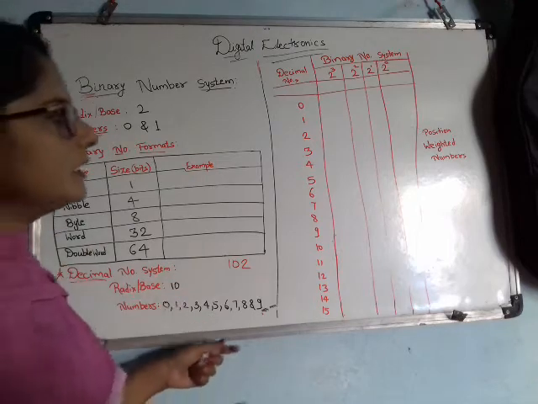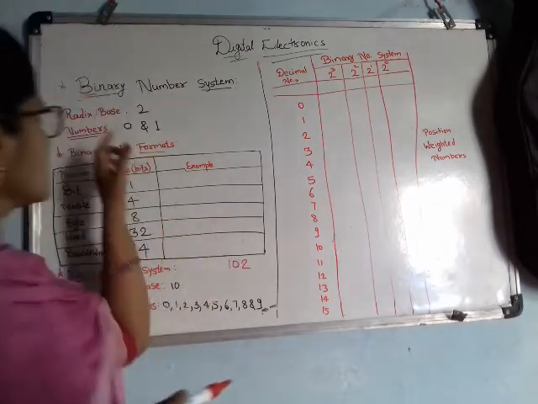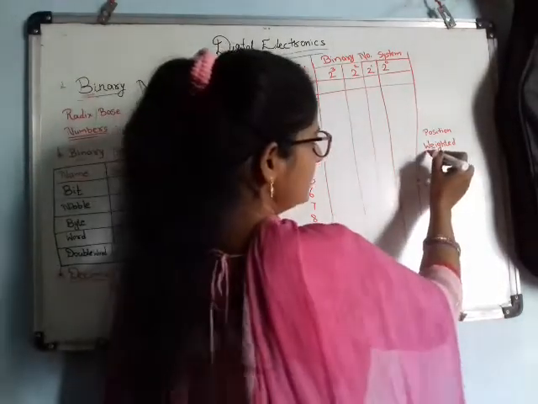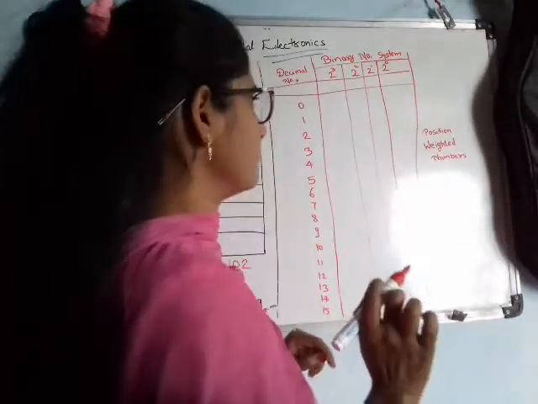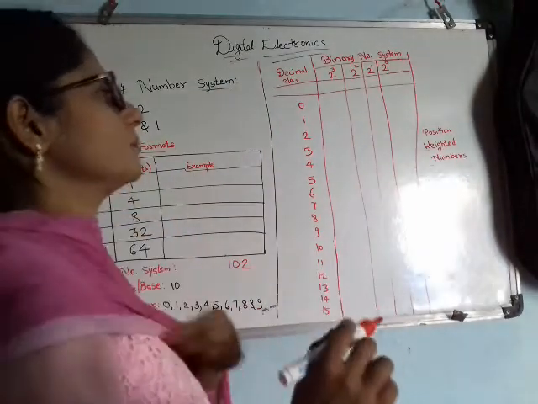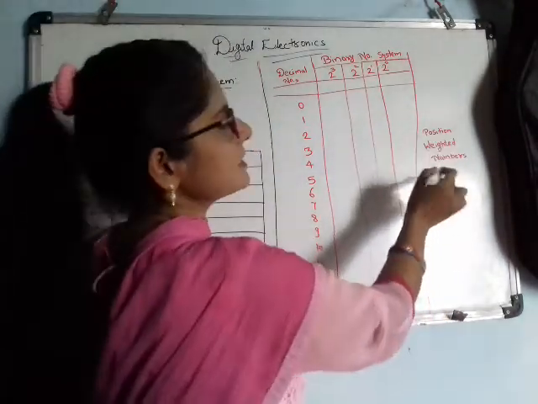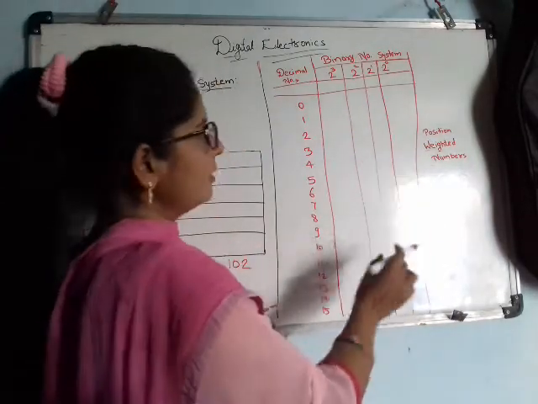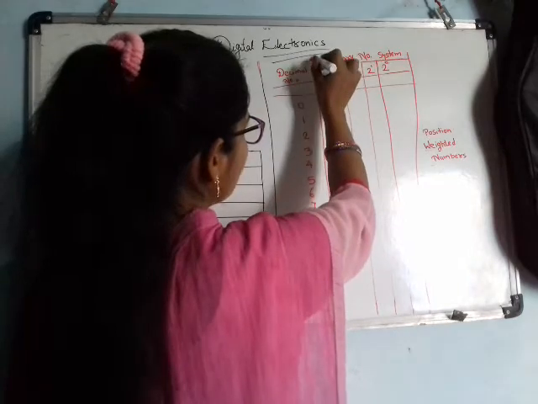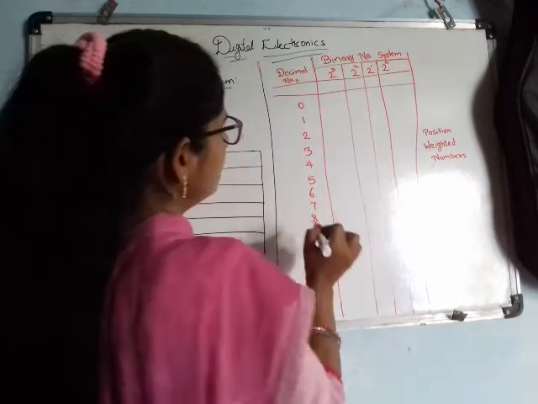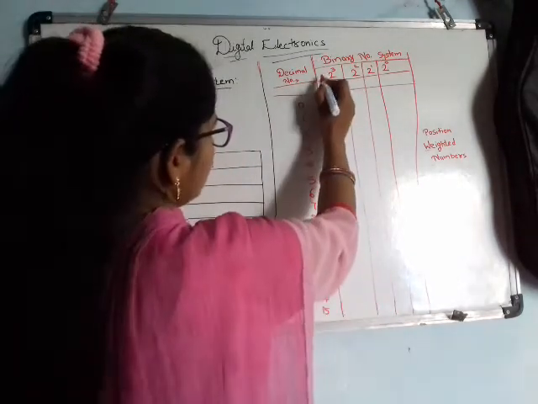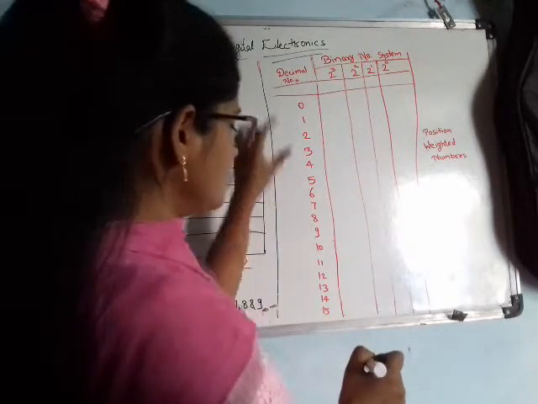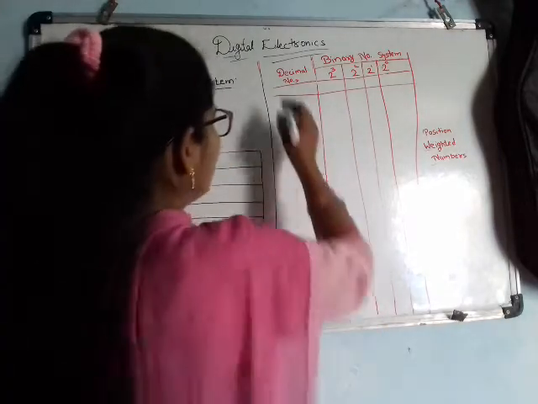One thing we have to remember is that the binary number system is a position weighted, or weighted, number system. The meaning of position weighted is that weightage is given to a particular position. Here I have drawn a table, and for reference I am taking decimal numbers from 0 to 15, which we are familiar with.